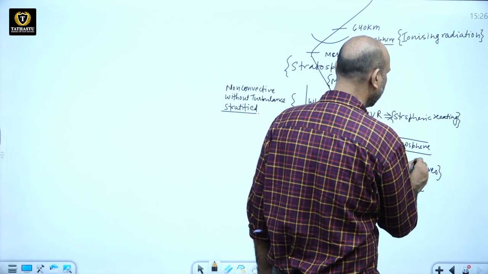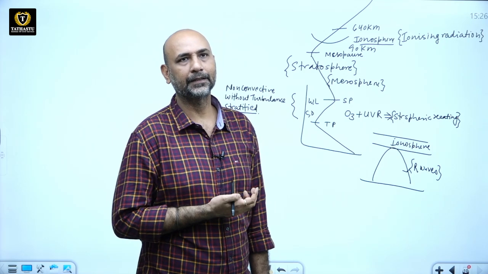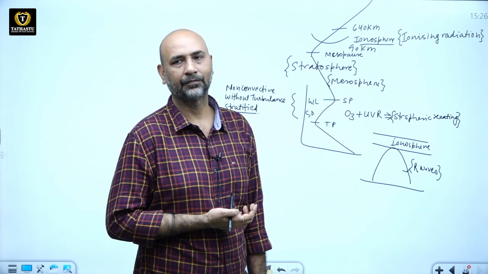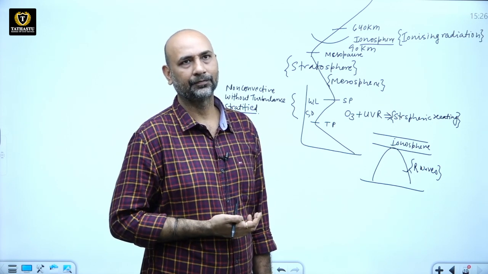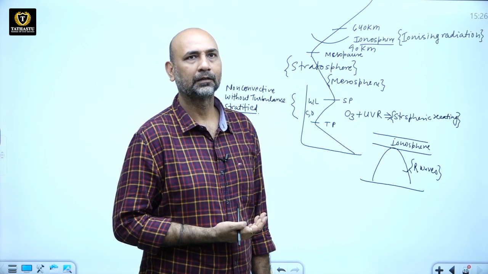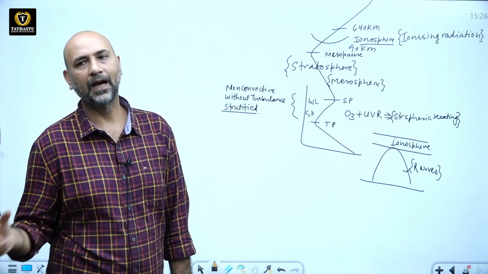Remember that radio waves have the longest wavelength in electromagnetic radiation, the lowest frequency and energy. So these are reflected by the ionosphere. High energy radiation like microwaves cannot be stopped by ionosphere.